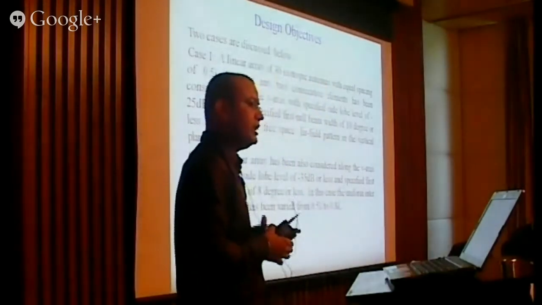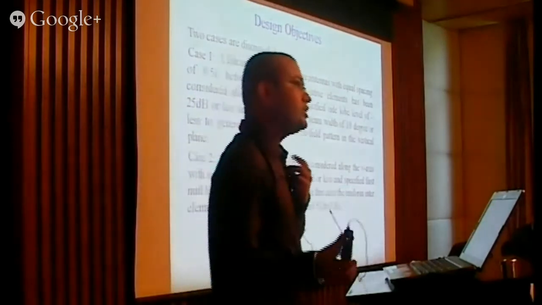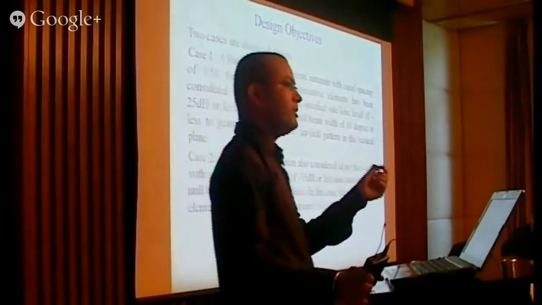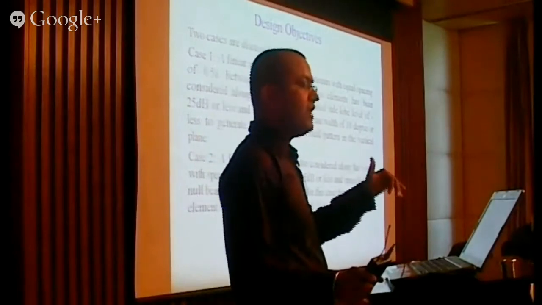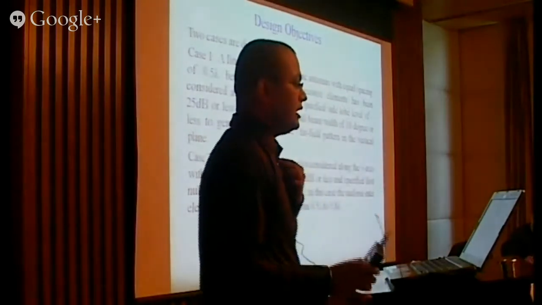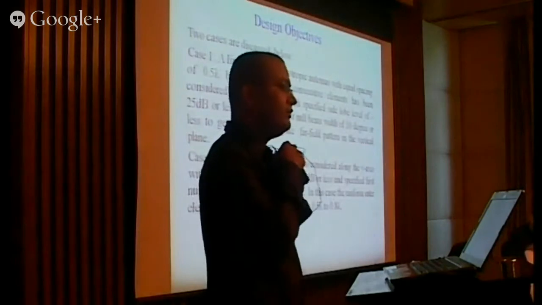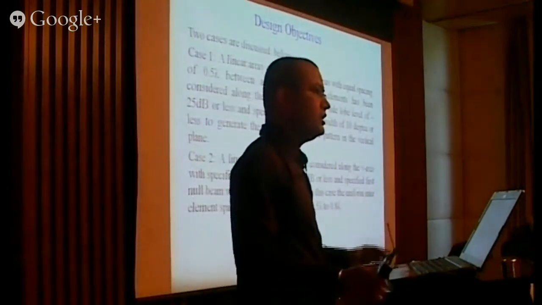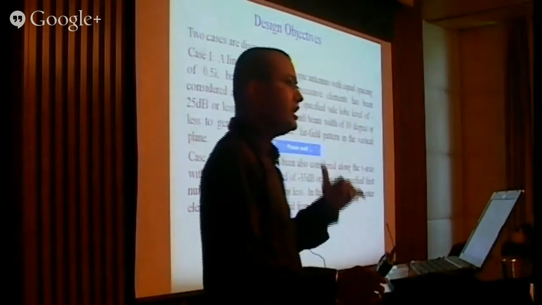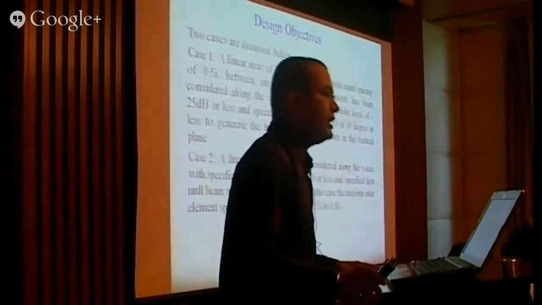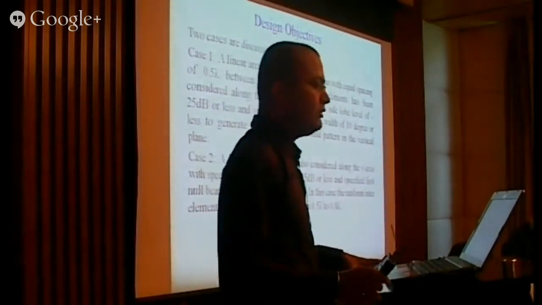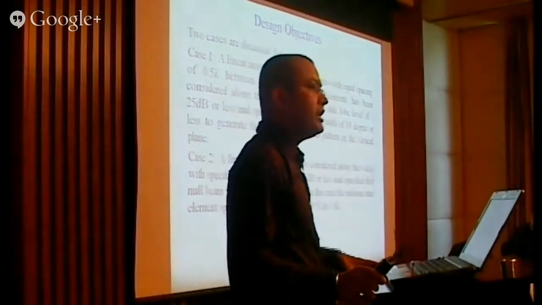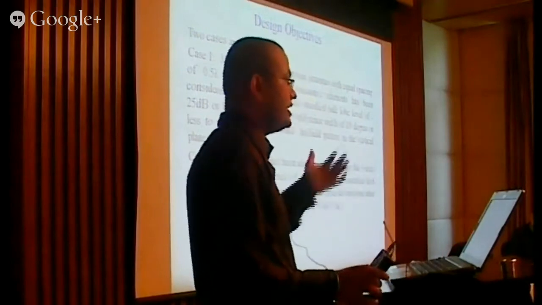My design objective: here we discuss two cases. In the first case, we consider a linear array of isotropic antennas along the y-axis. Here we have taken 30 elements to find the specified side lobe level of minus 25 dB and a specified beamwidth of 10 dB, to generate the pattern in the vertical YZ plane.